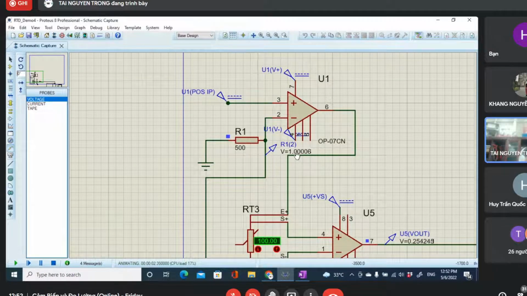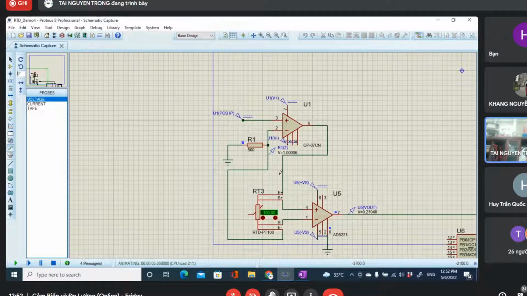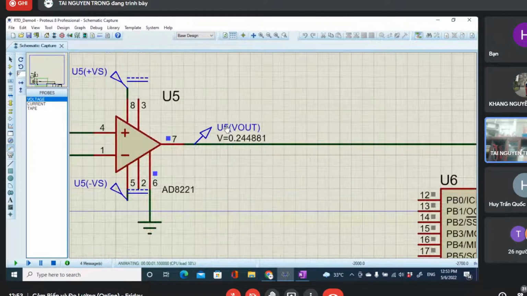The voltage indicated is around 1 volt, 1 volt here. And Vs plus, Vs minus. Okay, and in this case we can check the voltage output. The voltage output in this case is correct or not.